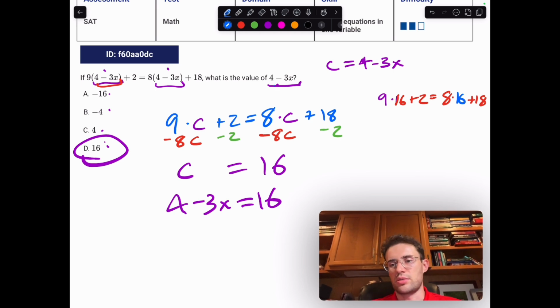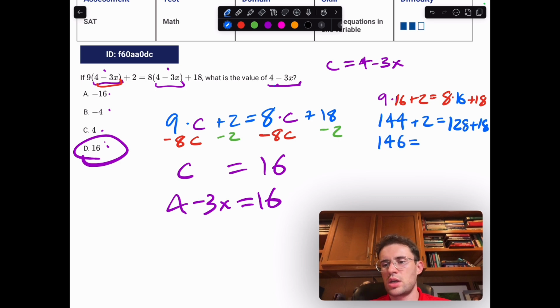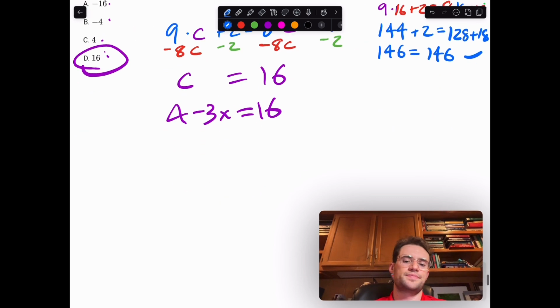So 9 times 16, that would be 160 minus 16, which is 144, plus 2 equals, and this would be 128 plus 18. So 144 plus 2 gives us 146, equals 128 plus 18, which is also 146. Right, so that checks out.